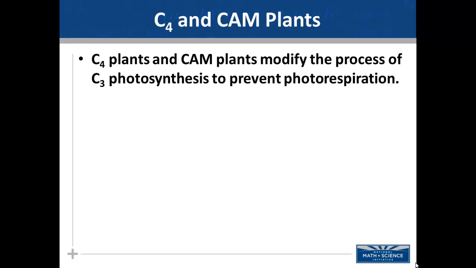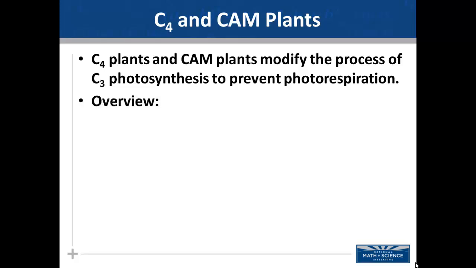Now, C4 and CAM plants modify the process of photosynthesis to prevent photorespiration. So they perform a slight variation, quite a little bit differently than the C3 photosynthetic process, in order to prevent photorespiration, to be able to continue making glucose and using their ATP effectively, not wasting it, but also ensuring that they don't dry out or desiccate in the process.